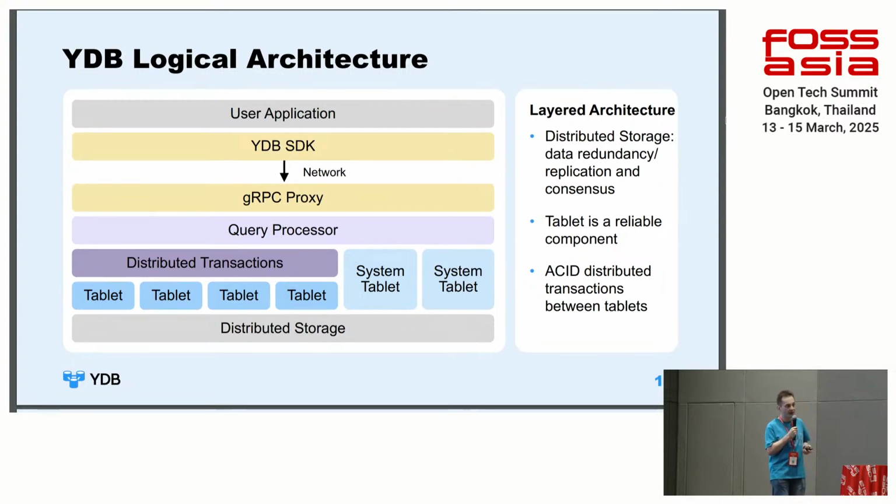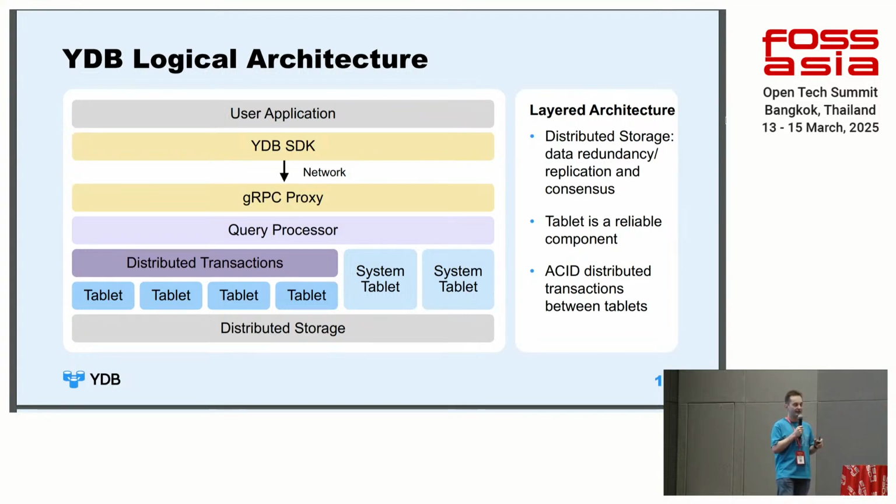At the bottom, we have distributed storage, and distributed storage is responsible for data replication. For example, it might be pure replication, or it might be some other stuff, which I will talk about a bit later, like redundancy schemes, like erasure coding. Above, we have the tablet layer.